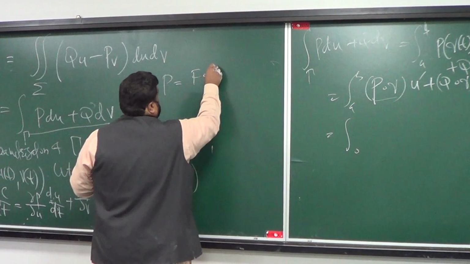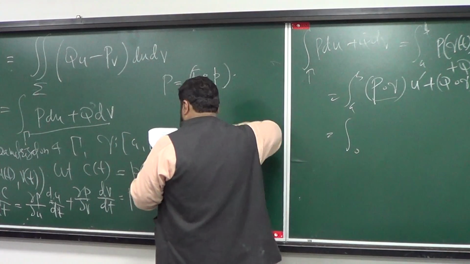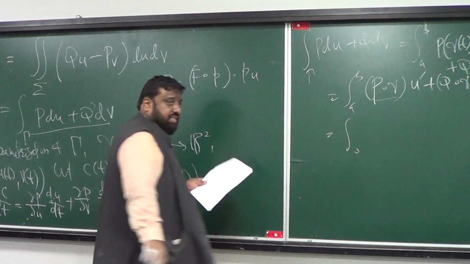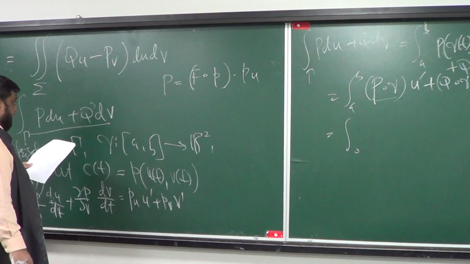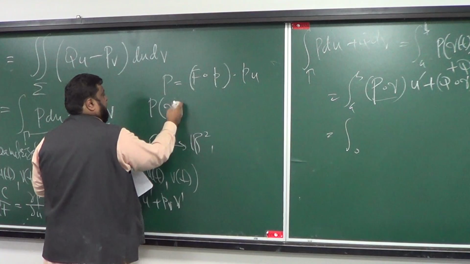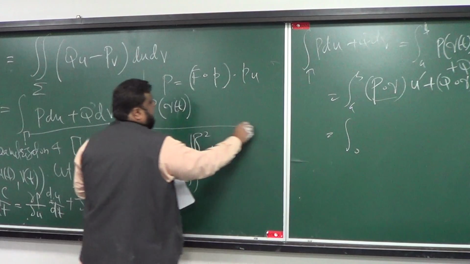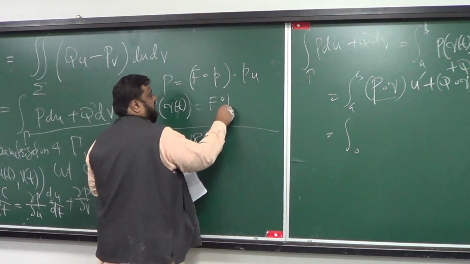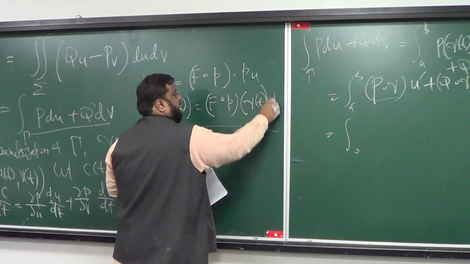So it was F composition P, dot partial derivative P_U. And now I'm saying that evaluate the P at gamma of T. So what is the meaning of evaluating the P at gamma of T? It's going to be F composition P evaluated at gamma of T dot P.